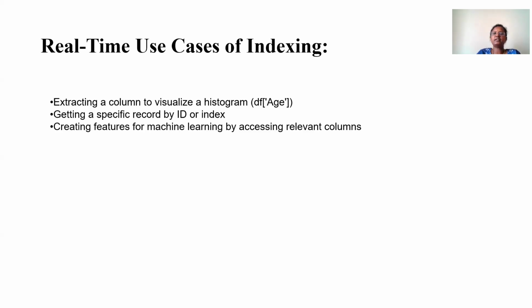And suppose you want to create features for machine learning by accessing relevant columns. For example, we might have 100 or 2000 columns. All the columns we cannot process for further steps. We have to concentrate only on particular features. For example, if you want to do heart disease prediction, at that time we have to concentrate on the pressure level, sugar level, heartbeat level, cholesterol level.